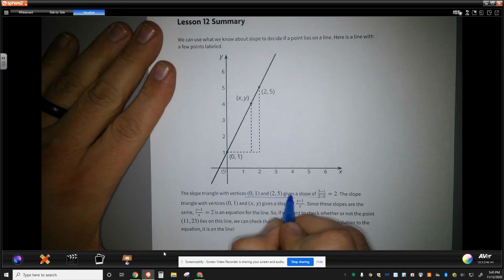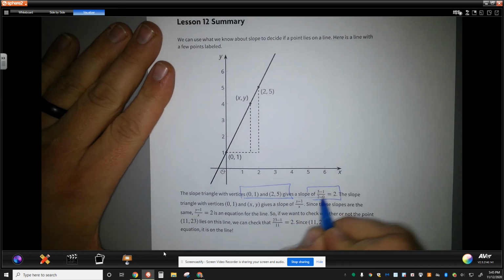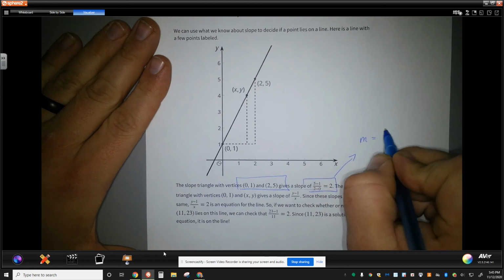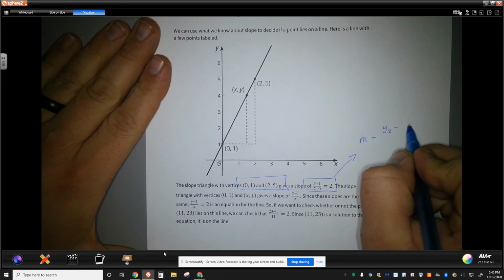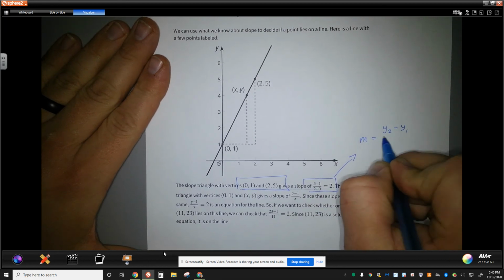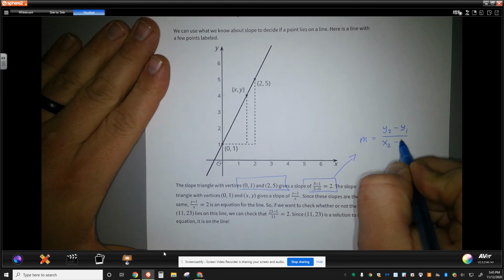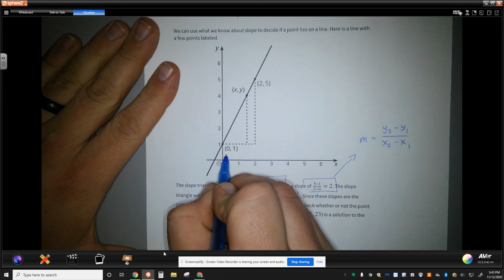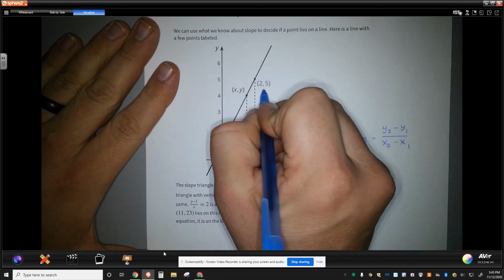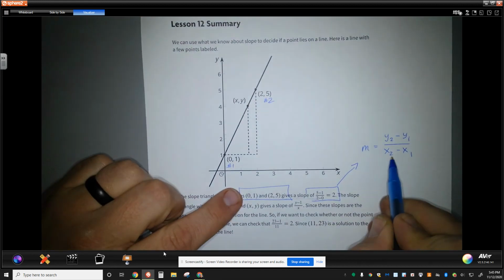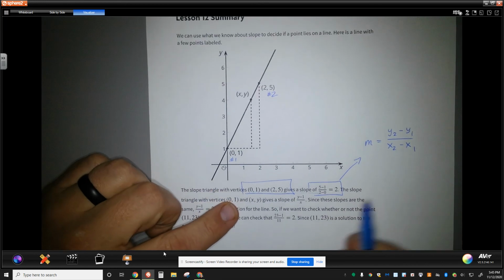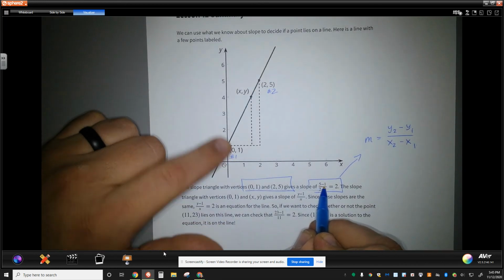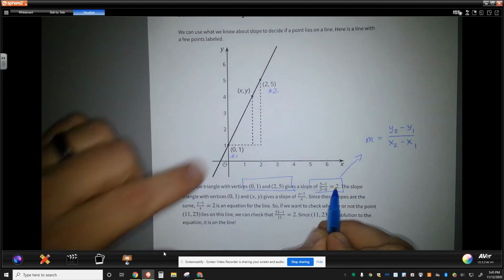Remember that when we see these points, this is coming from the slope formula. Slope is equal to y sub 2 minus y sub 1 divided by x sub 2 minus x sub 1. This being the first ordered pair that we see, ordered pair number 1. This one, ordered pair number 2, coinciding with the subtext. And we see right here, 5 minus 1 over 2 minus 0 equals 2.